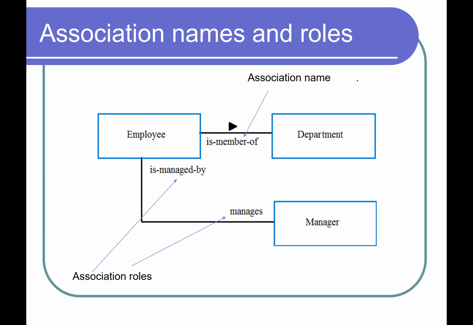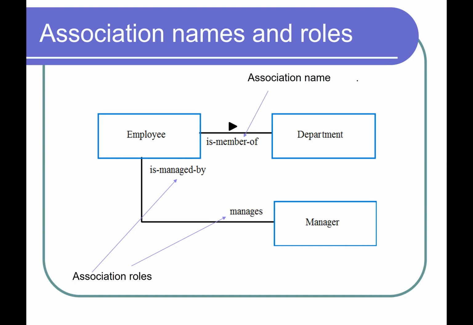Okay. Another thing that we can do with association is that we can define roles of the association ends. So at the bottom part over here, you see from employee to manager, I'm actually defining the roles of what those classes are and what they are playing as a role in that association.